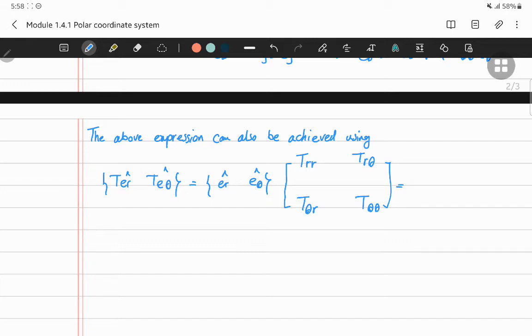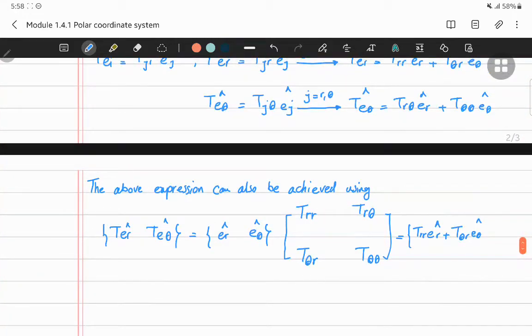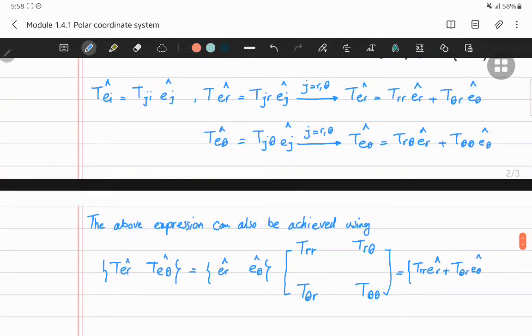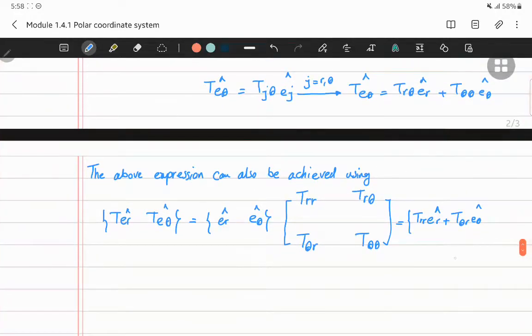And if we apply this, we had T_rr e_r plus T_theta_r e_theta. This is the same expression here. And then we had T_r_theta e_r plus T_theta_theta e_theta.